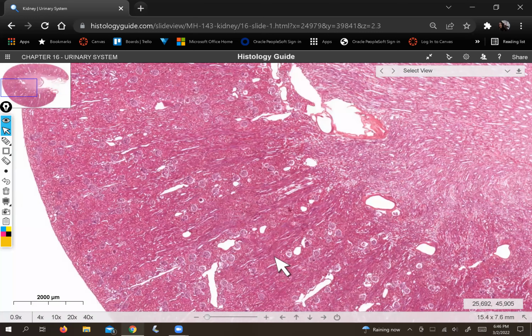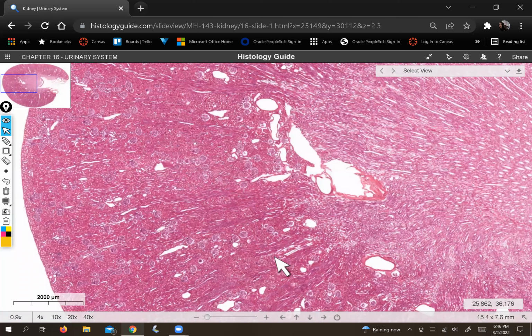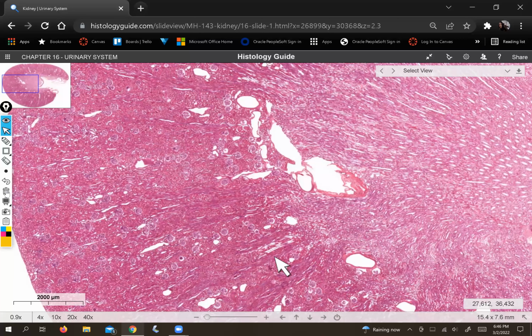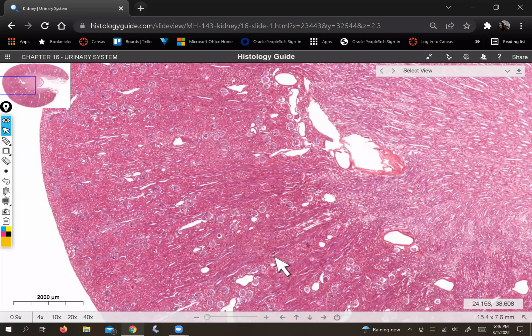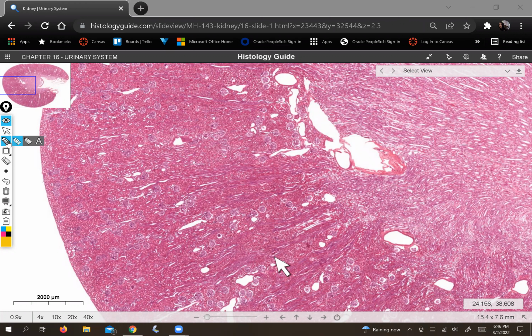So I'm going to go here, and I see lots of renal corpuscles, which means I know I'm in the cortex. And because I know I'm in the cortex, and I know what things are in the cortex, which is corpuscles, PCTs, DCTs, and then there are collecting ducts as well, which are organized into what are called medullary rays. Let's label a few.